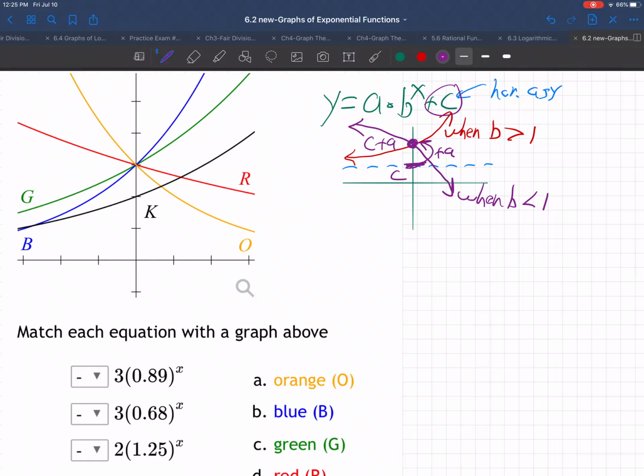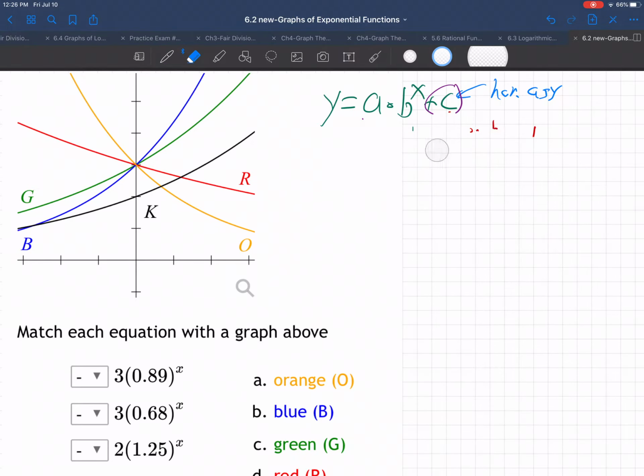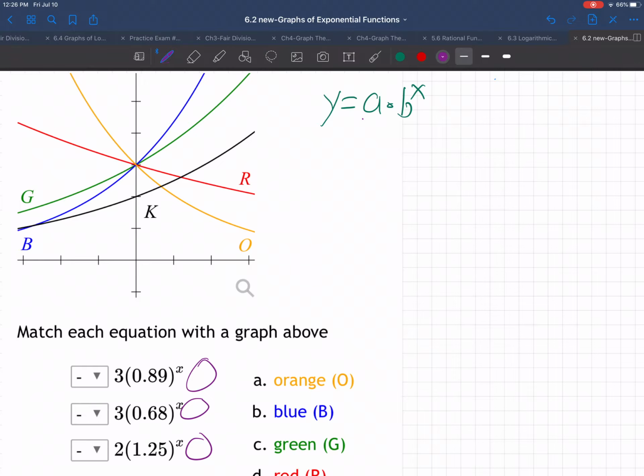I'm probably confusing you a little bit on this example. That was true, but it was a little more complex than you need. Let's get rid of the horizontal asymptote stuff, because these ones have no horizontal asymptote. To make life simpler, this a is where they cross.